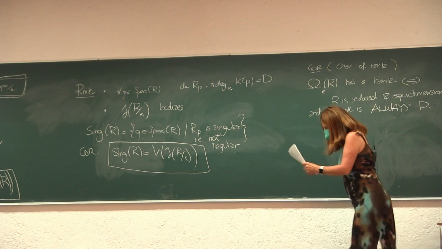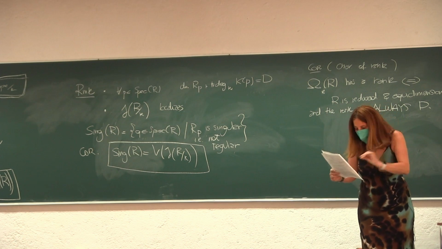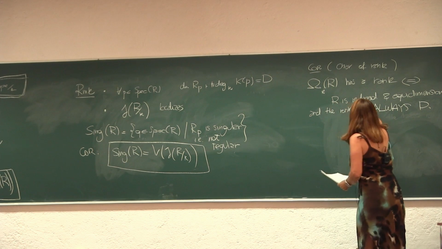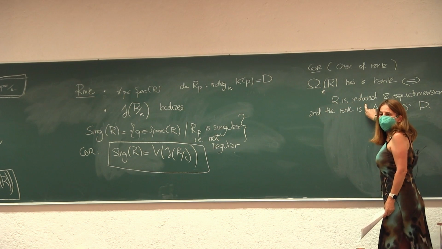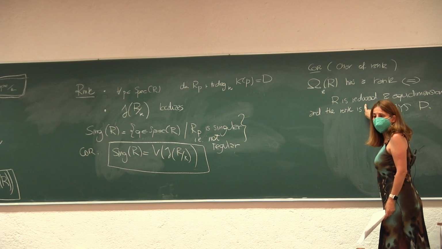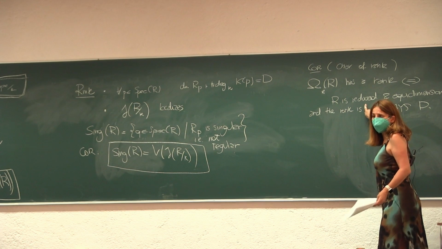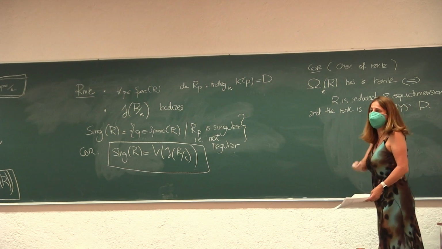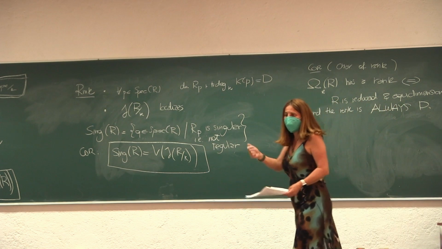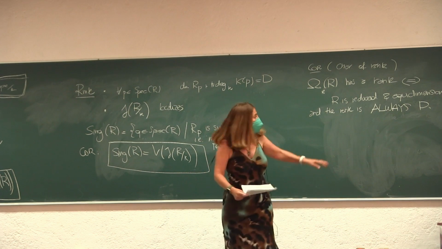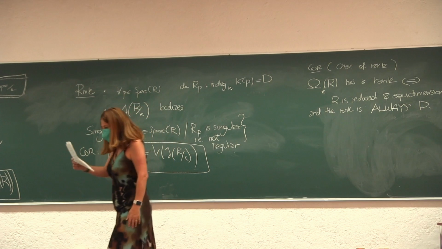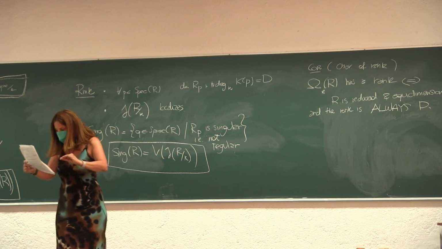How do I prove this? It's an if and only if. R is reduced is a local condition: if and only if R is reduced at every associated prime. And if it's equidimensional, these are just the minimal primes. So you just have to check reducedness and equidimensionality at the minimal primes.